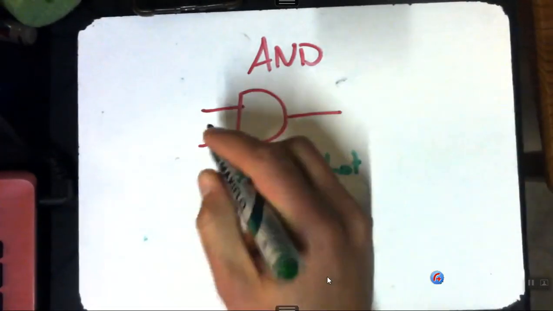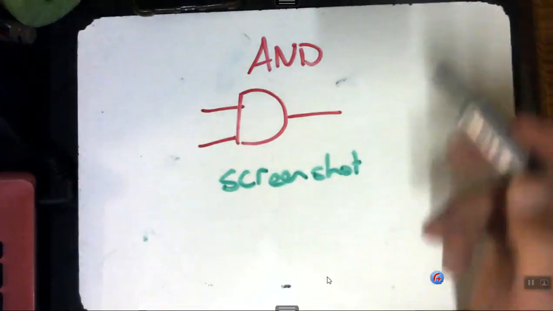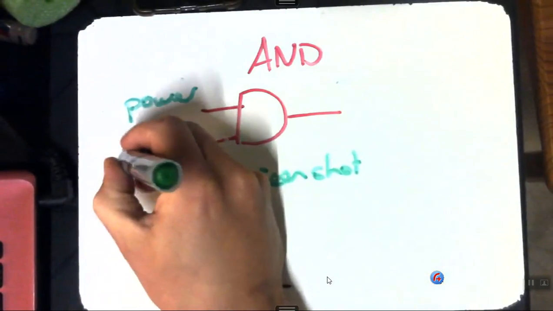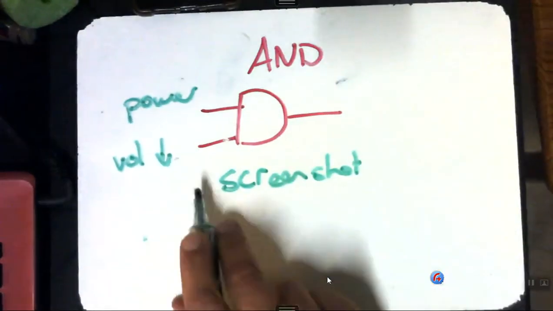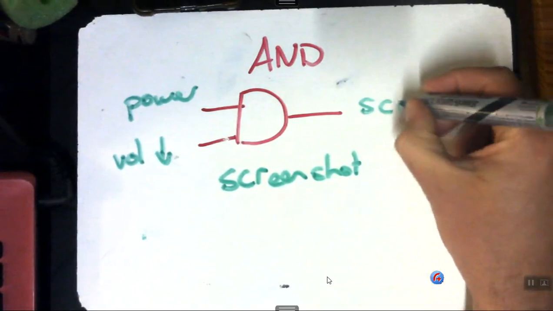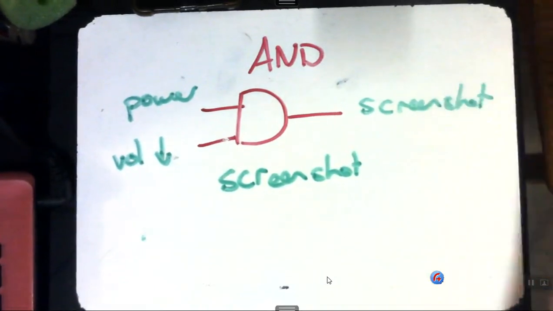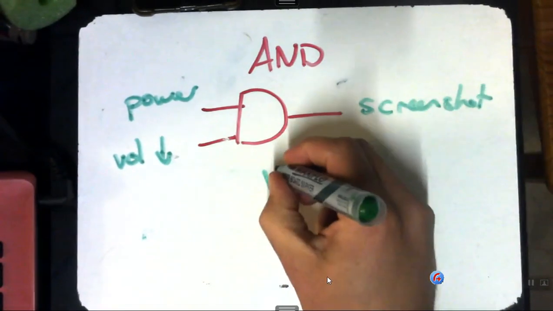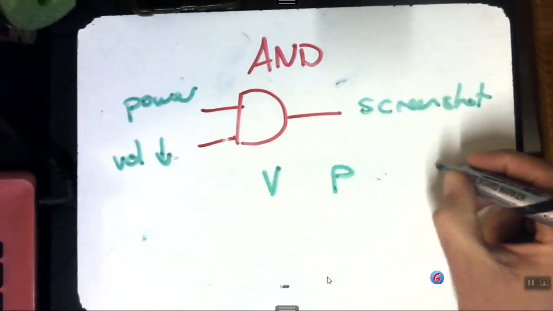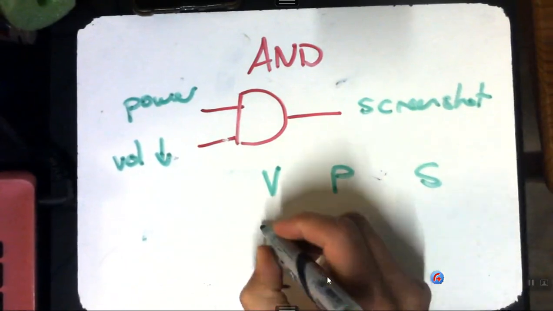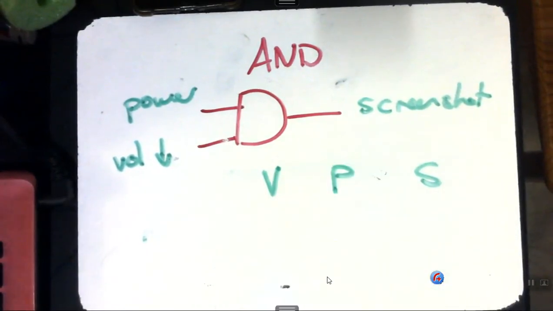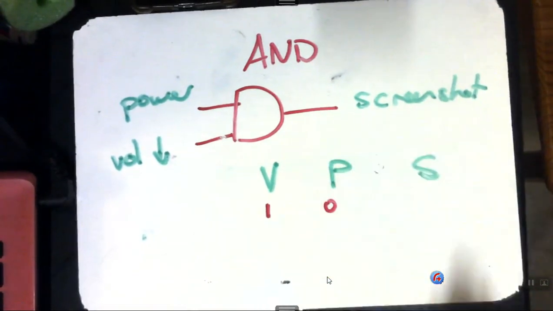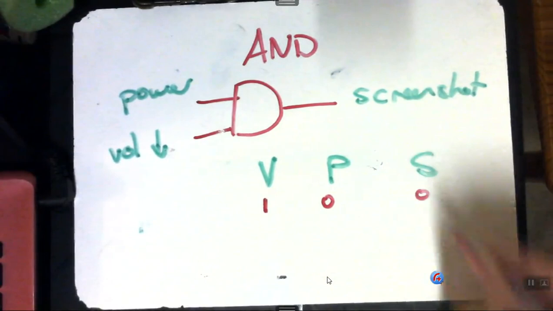You have to have two things. In my case, it's the power and the volume down button. That takes a screenshot. So if I only press the volume, but I don't press the power, I'm not going to have a screenshot.